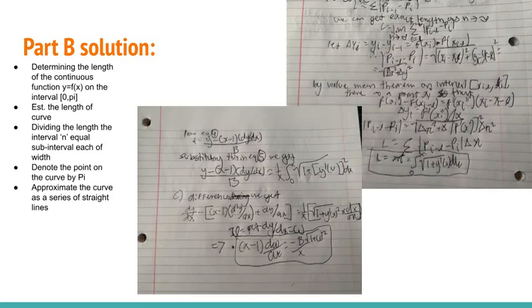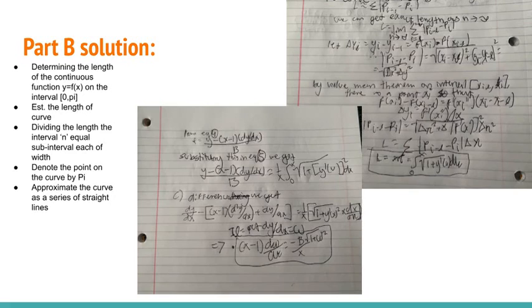Then we have our equations: we have 5 to solve, and we also need 6, by solving for t in equations 4 and 5. By using part A's graph, we can determine the length of the continuous function y equals f of x on the interval from 0 to pi.